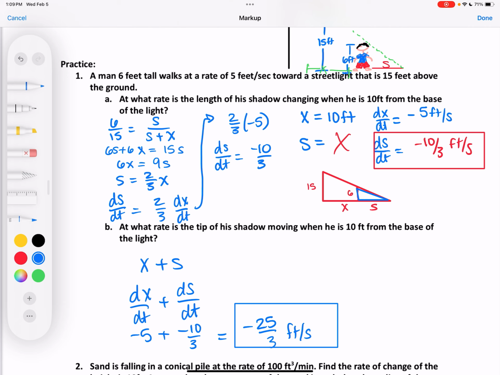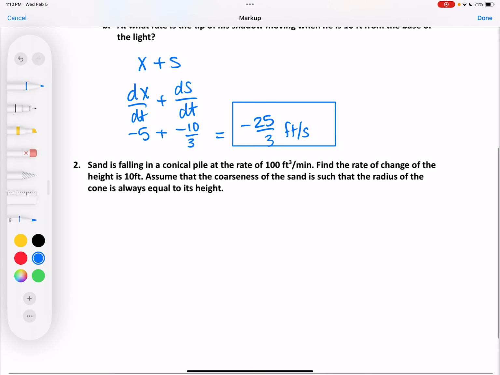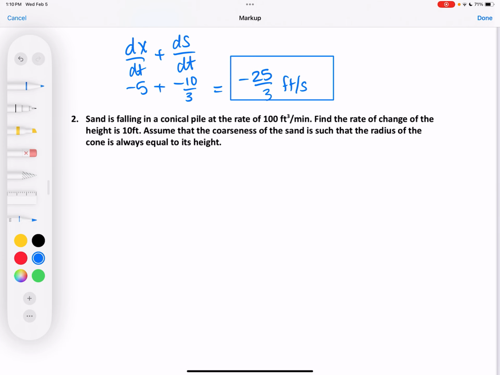All right, let me look at something here. So this next one, I'm going to have y'all just try to see if you can figure it out. I was going to give you the picture to go with it.